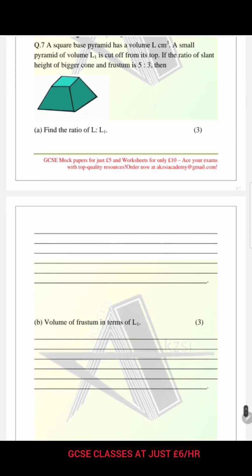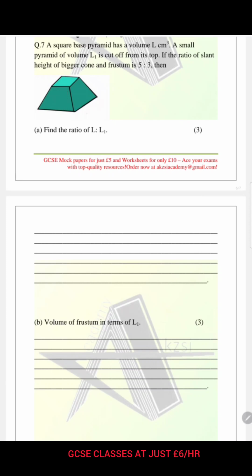The last question says, a square base pyramid has a volume of L centimeter cubed. A small pyramid of the volume L1 is cut off from its top. If the ratio of the slant height of the bigger cone and the frustum is 5:3, then first thing is, this slant height, that means this is your slant height.